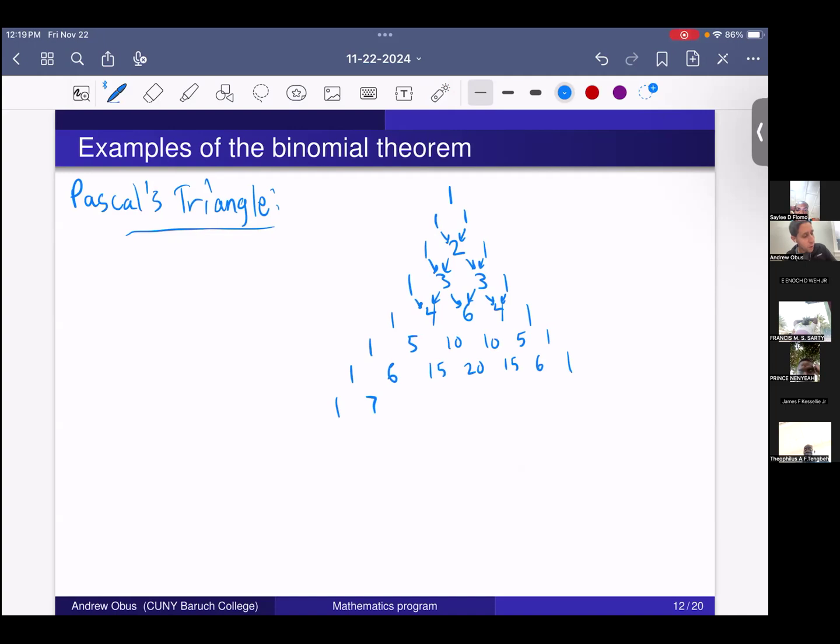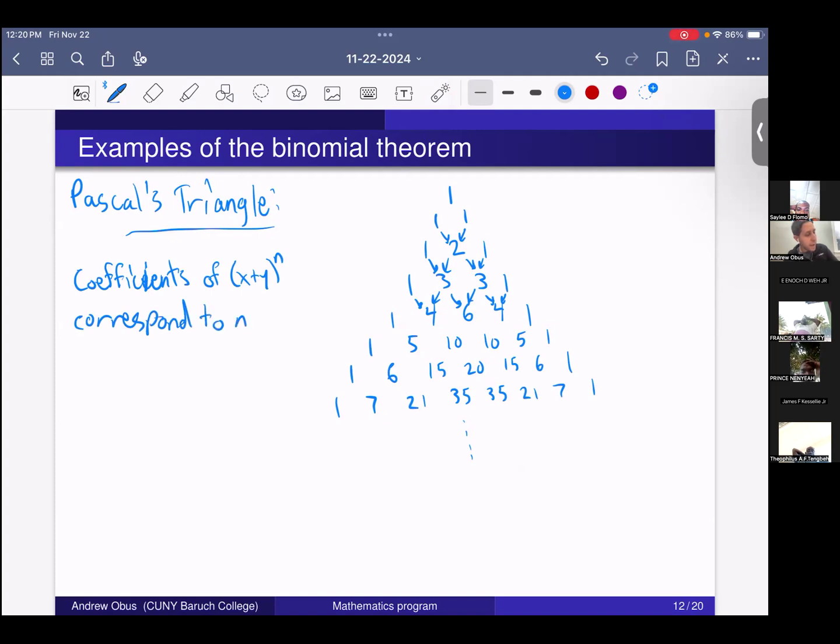You can keep going, 1, 7, 21, 35, 35, 21, 7, 1, and so on. And it turns out that the coefficients of x plus y to the n exactly correspond to the nth row of Pascal's triangle.